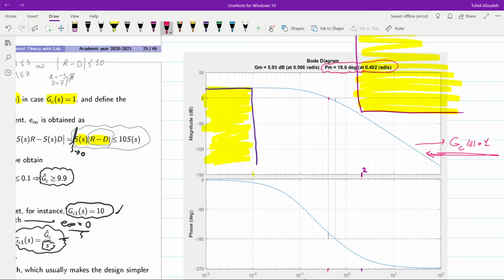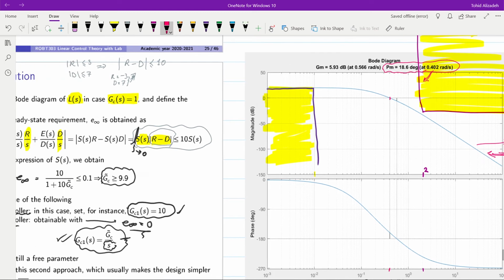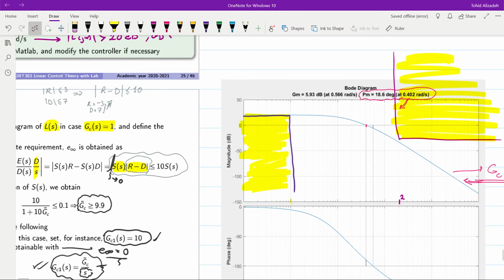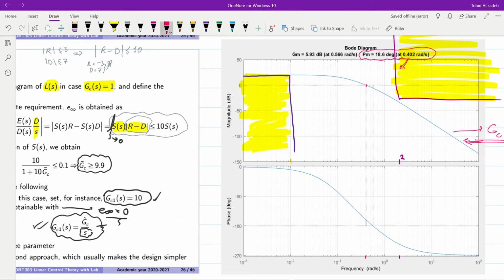So we need to pick a location for the zero of the controller such that it is much smaller than this frequency, and as a result, the frequency components around the crossover frequency will not be touched. We can pick the zero at minus 0.1, and in that case, 0.1 is here.